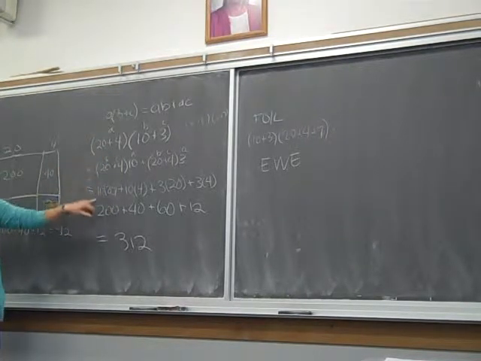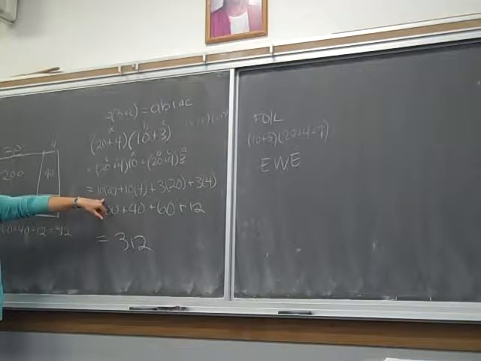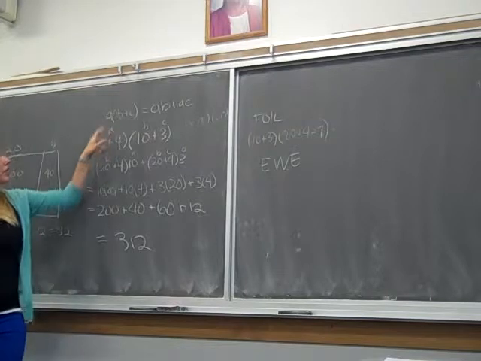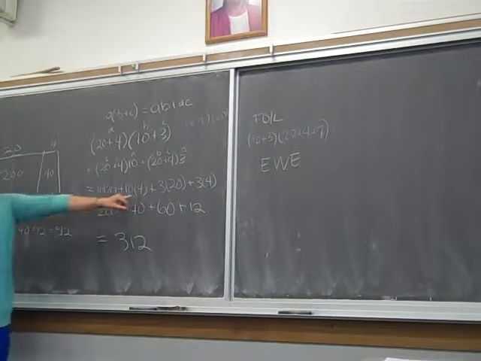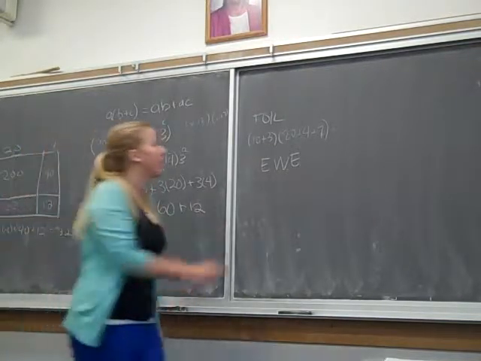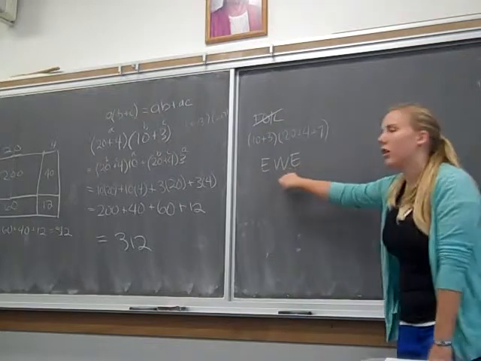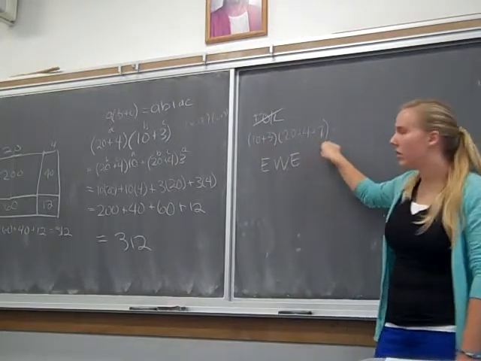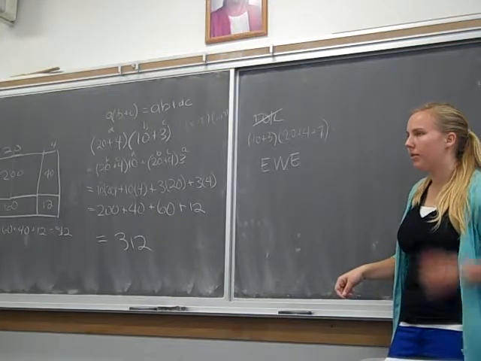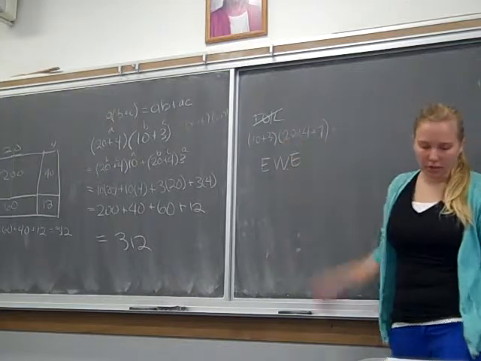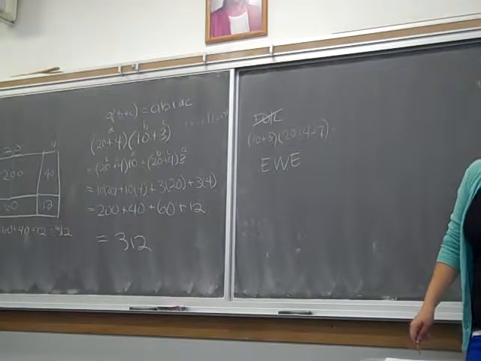Because if we had FOILed this, isn't this what we would have gotten? 20 times 10, 4 times 3, 4 times 10, 20 times 3. The same 4 terms, right? So, we talk about the distributive property, and then instead of FOIL, talk about U, everything with everything. So each one of these terms needs to be multiplied. Okay? Does that make sense? And a little bit clearer than FOIL, especially for your students.